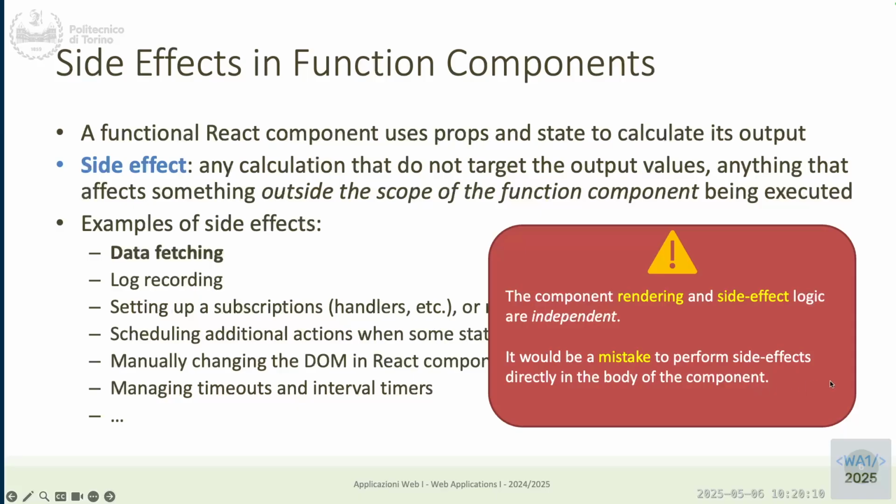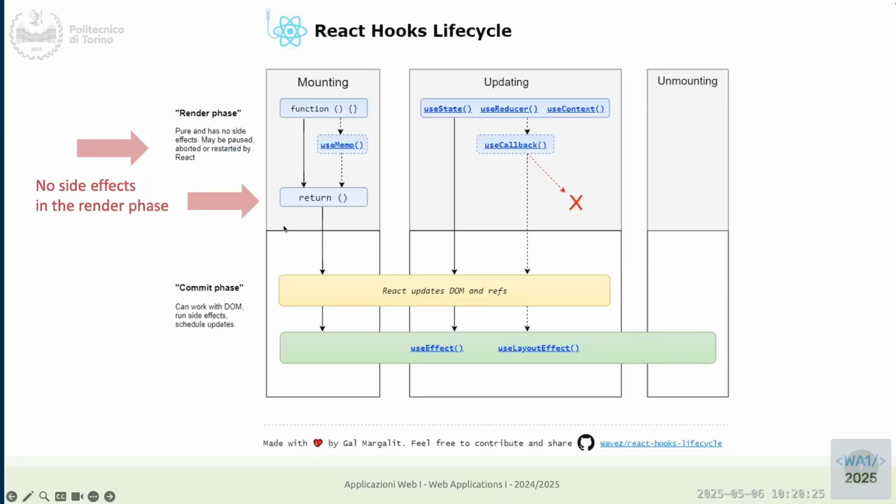Actually, the rule is: don't try to process any side effect in the body of the function component, so during the execution of the component itself, in the render phase. So in the render phase, no side effects. In the commit phase, we can use this hook that will run after the render phase is completed, after the DOM has been rendered into the browser, and then we can inject our own behavior.